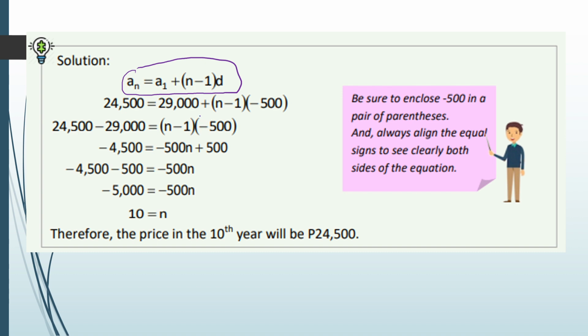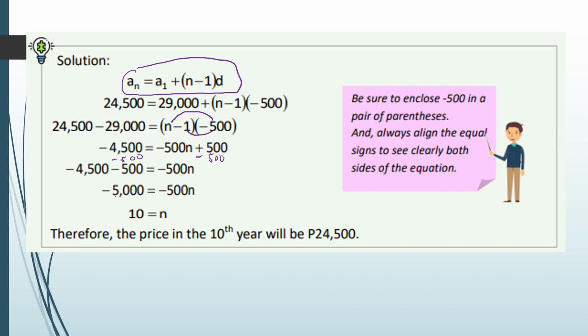You distribute, or multiply, negative 500 on all the terms inside the parentheses. So you'll have negative 4,500 equals negative 500 n plus 500. Now we apply the SPE again: minus 500 on this side, minus 500 on this side as well.